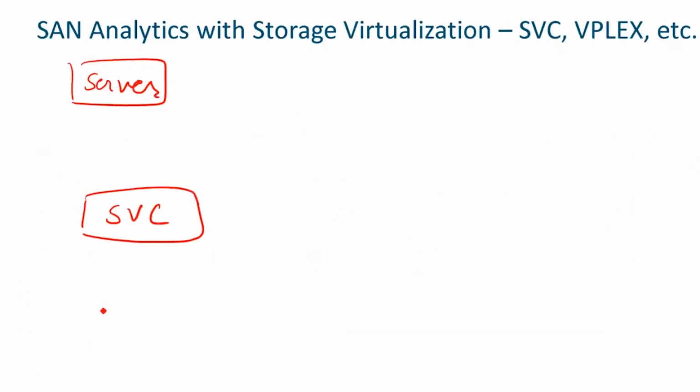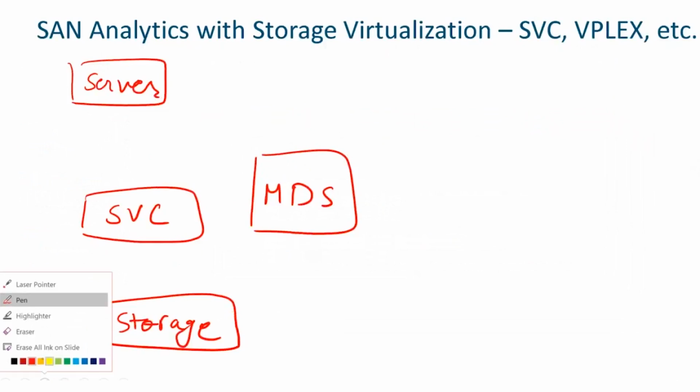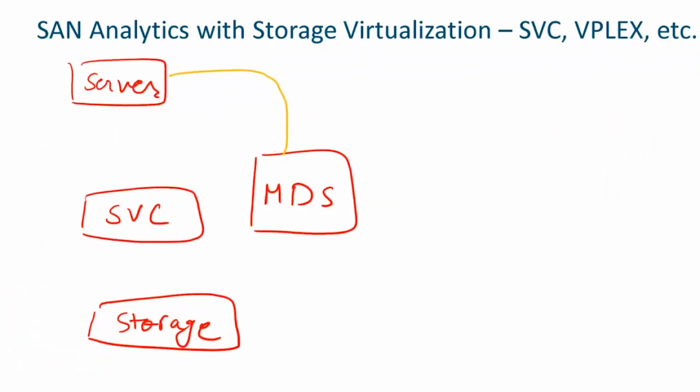And then you have your storage here. Right, and let's put MDS here. Okay, so if you move from server, you come to a Fibre Channel switch, and from the Fibre Channel switch, you go to SVC. Okay, and then again from the Fibre Channel switch, we go to the backend storage.